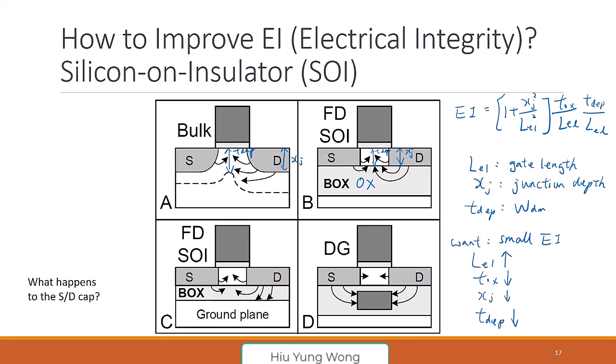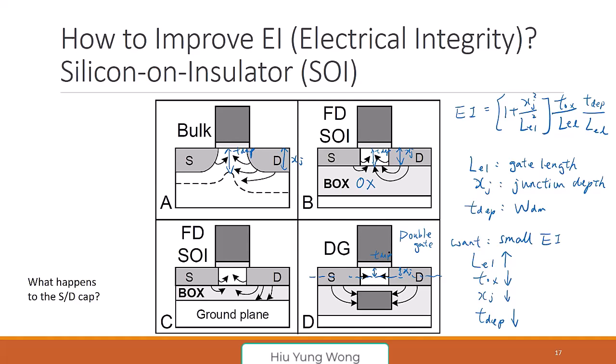What if I have another gate, what we call double gate? Because you have two gates, I can use a symmetric method. Now the junction depth is only half. The depletion width is also only half.